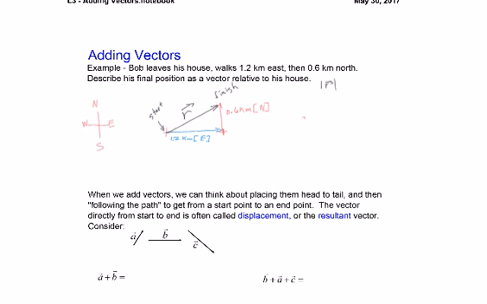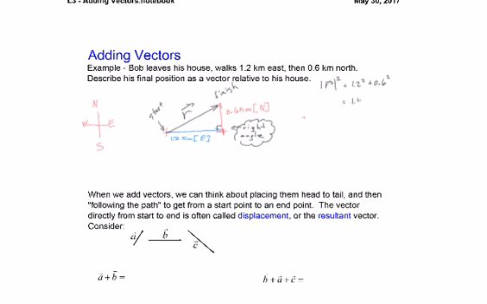Because this is a right triangle, we're immediately going to calculate r using Pythagoras Rule. So, we have the magnitude of r squared is equal to 1.2 squared plus 0.6 squared.